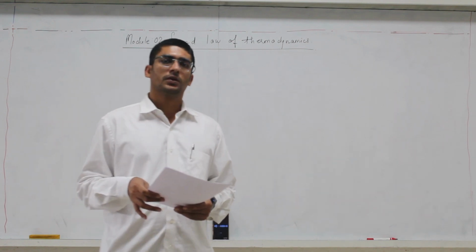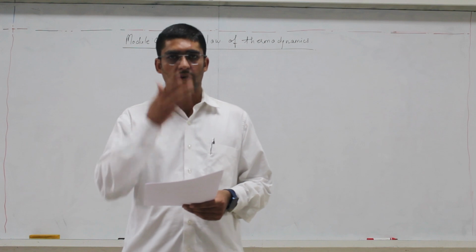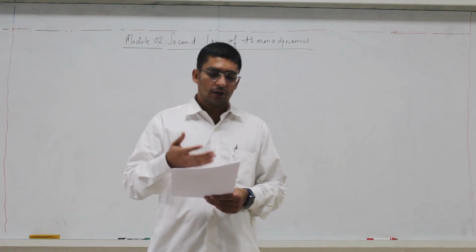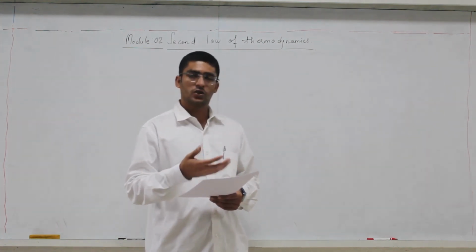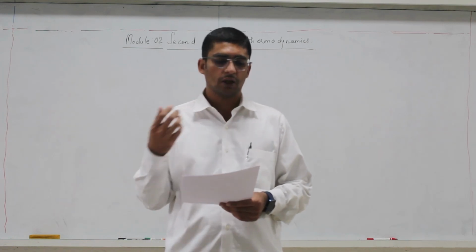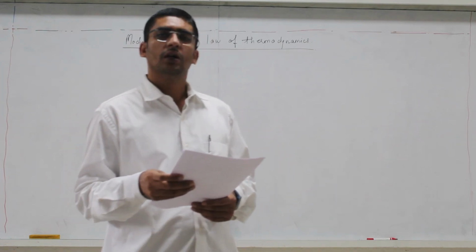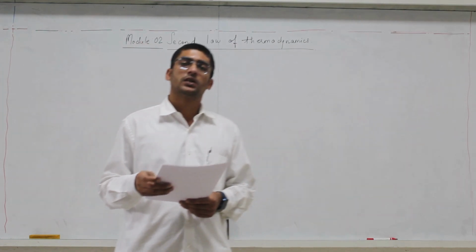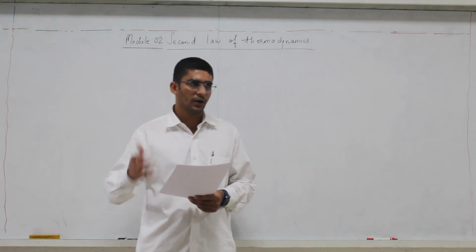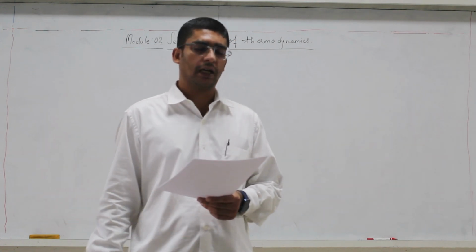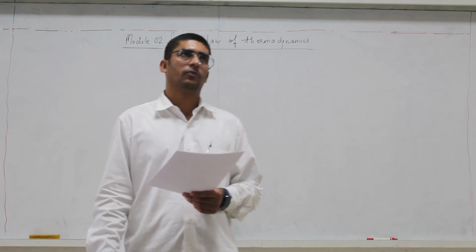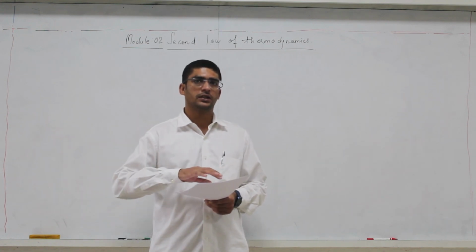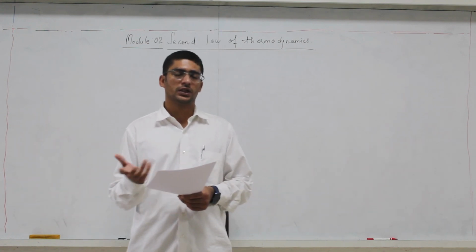In the second law of thermodynamics, I am going to briefly tell you the keystones that you need to study. You will study the thermal source, or a source of heat, and a heat sink. What is basically a heat sink, the thermodynamic definition, and what is a heat source.